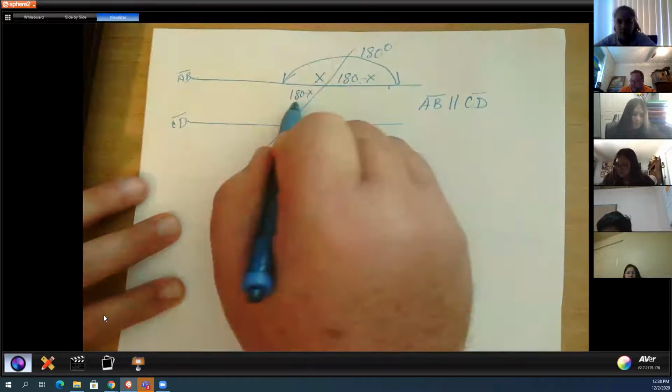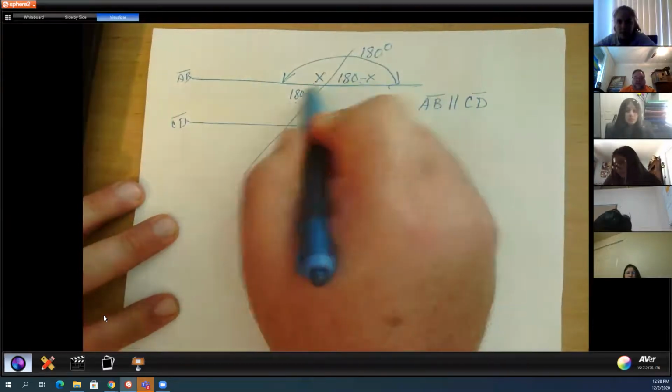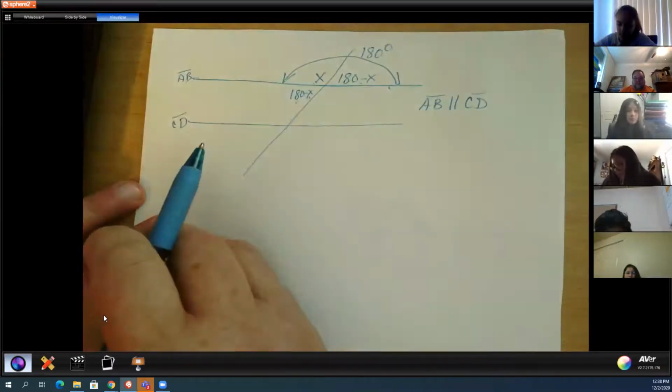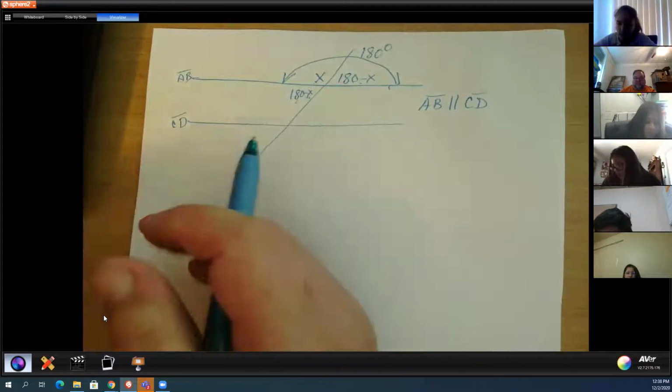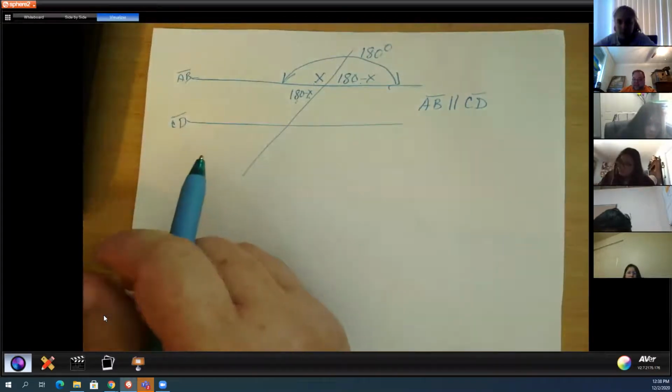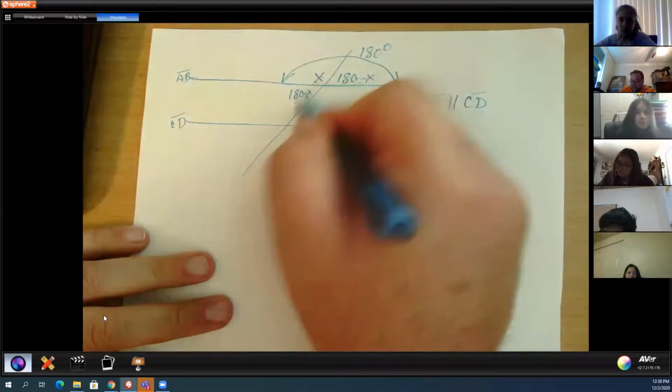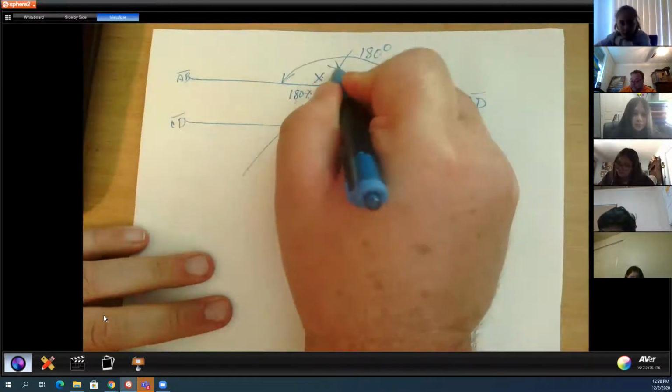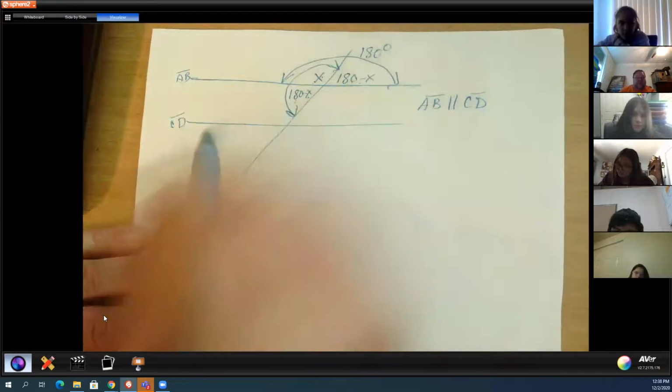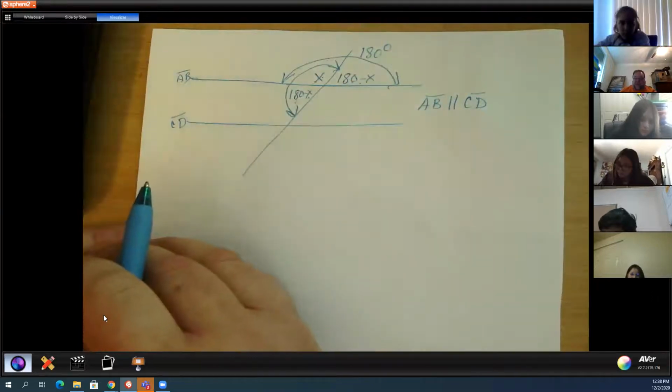I know this is 180 minus x because these two are vertical angles, right? Remember, they're opposite angles where they hit an intersection. But I also know that that's true because those are also supplementary angles, right?